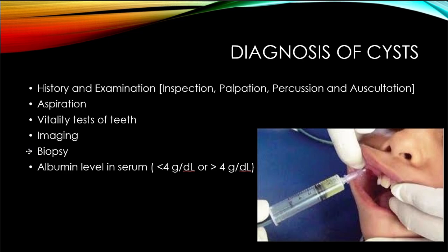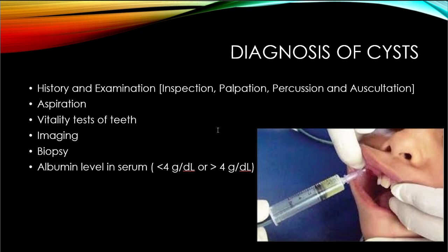Now, auscultation cannot be done in the oral cavity, so we replace it with aspiration, placing a needle and aspirating from the cyst. To diagnose a cyst as well, we need vitality testing, to check if the tooth is vital or non-vital, to know the type: is it a radicular or a non-radicular cyst, dentigerous or keratocyst, whatever the cause.